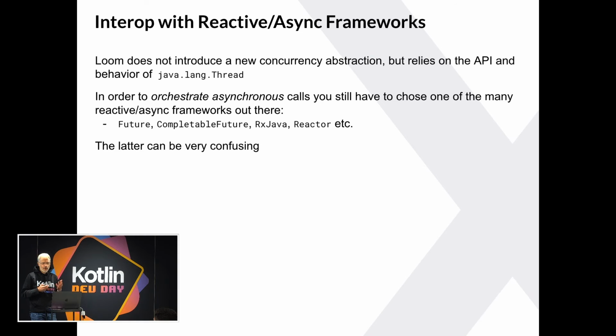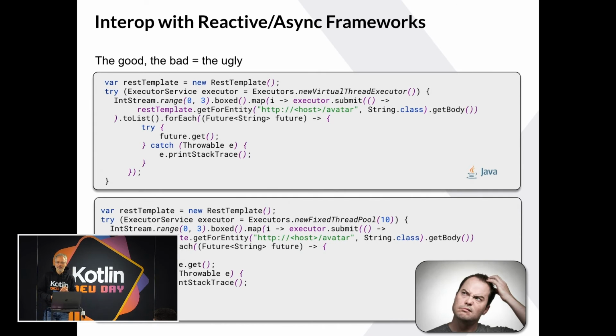And yeah, I really feel sorry for the poor souls who are confronted with that, because this can get very, very confusing. So look at this example. One is good and one is bad. I know it's a lot of code just to get in your face, but I'll help you a little bit. So what we do is we create 3 calls with the RestTemplate, blocking network calls. The first example is fine, the second is not. Why?